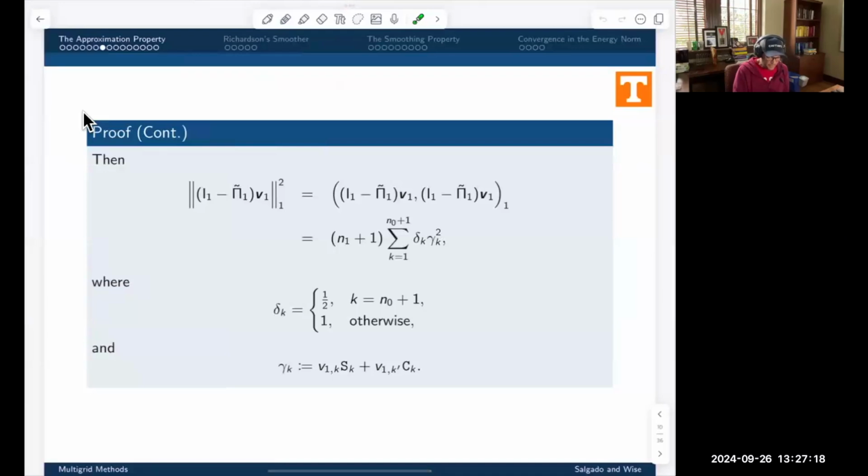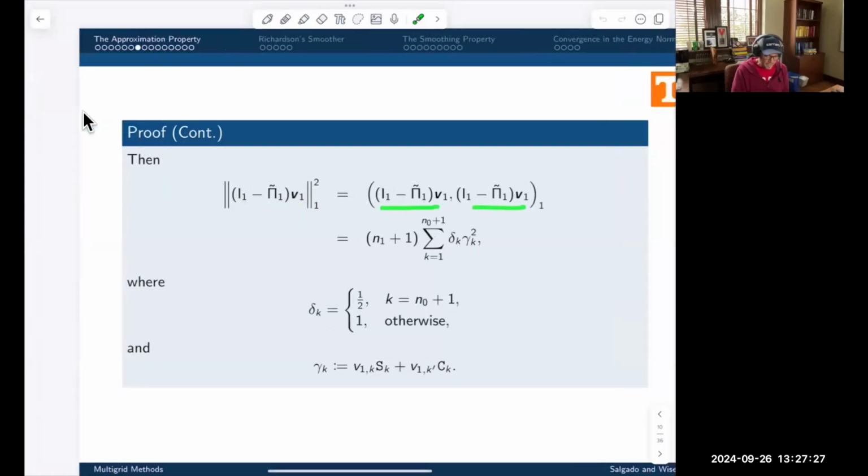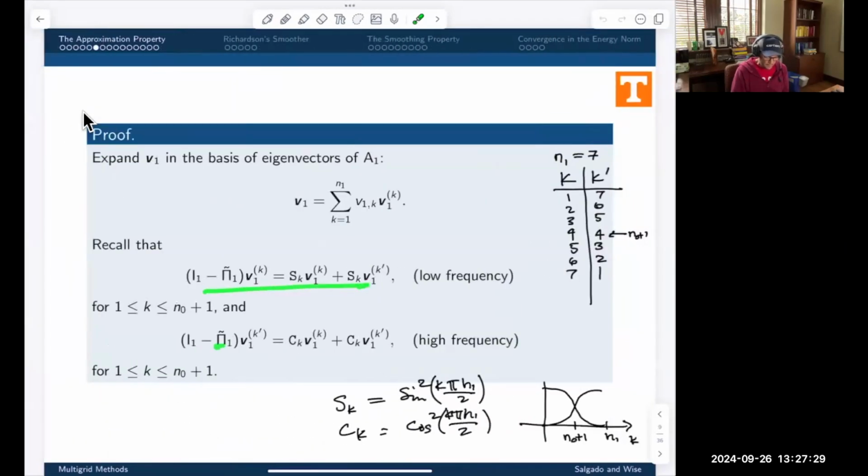So I wanted to show that whenever I take the Euclidean norm of something which looks like this, I'm going to pop these in there. I use the expansions that I had here. I called this alpha k and this beta k, but we can now change them back to sk and ck.